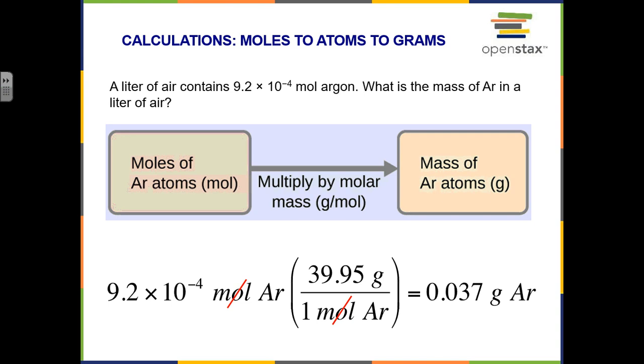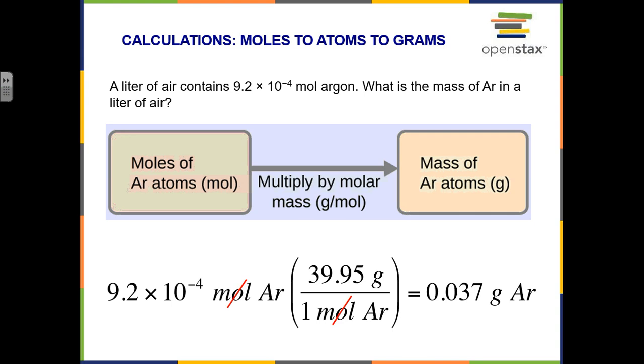Here you have a liter of air that contains 9.2 times 10 to the negative 4 moles of argon. And so that is in moles, and then it's asking you for the mass of argon. Well, previously we were given the grams and we were tasked with finding the moles. And in this case, we're being given the moles and we're tasked with finding the grams. Now to do so, you're going to take your moles of argon, and instead of dividing like we did prior, we're going to multiply by the respective molar mass of the compound.